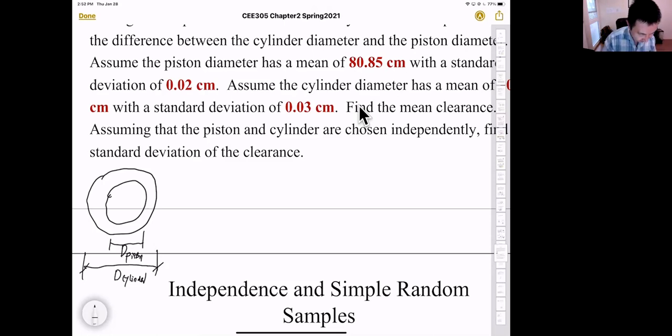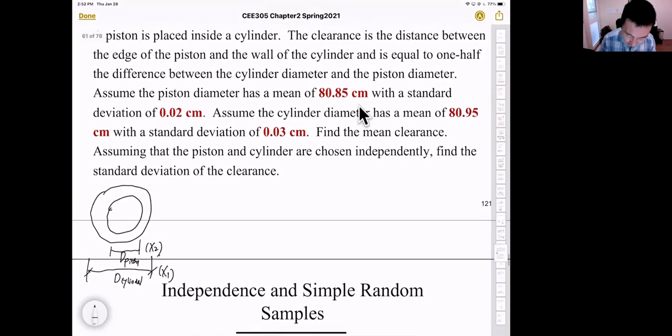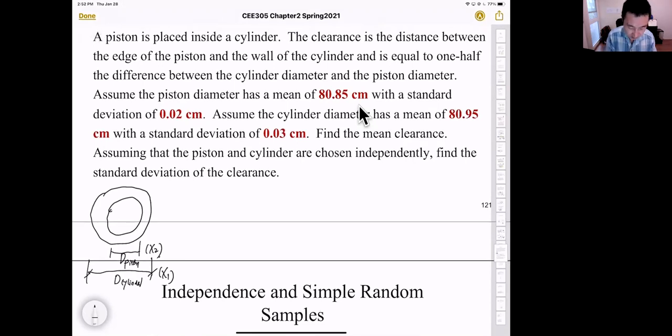Let's define the diameter of the cylinder as X1 and the diameter of the piston as X2. So the question tells us the clearance is the distance between the edge of the piston and the wall of the cylinder and is equal to 1/2 the difference between the cylinder diameter and the piston diameter.